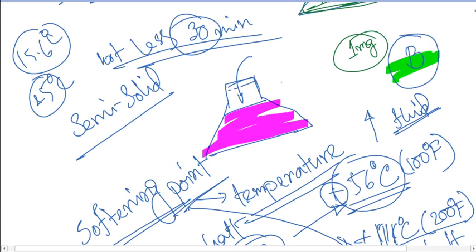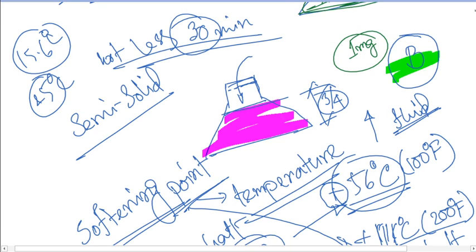So 3/4 is our target. Three quarters of the total volume should be filled with that bituminous material.